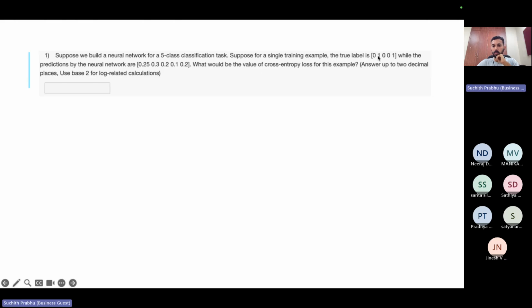Because there are just two terms active, finally we'll have to compute log of two values and add them up. So has anyone computed this value?